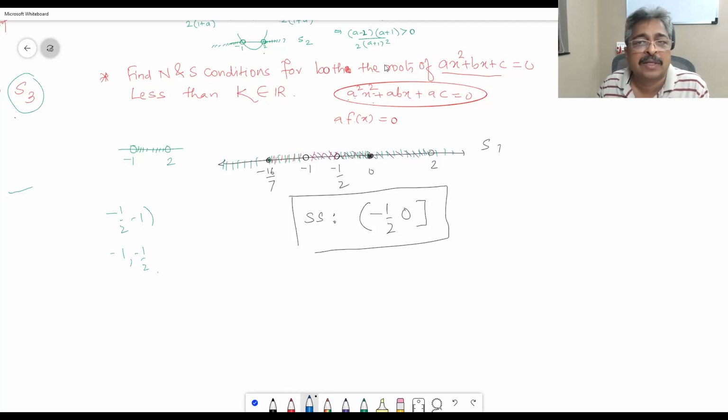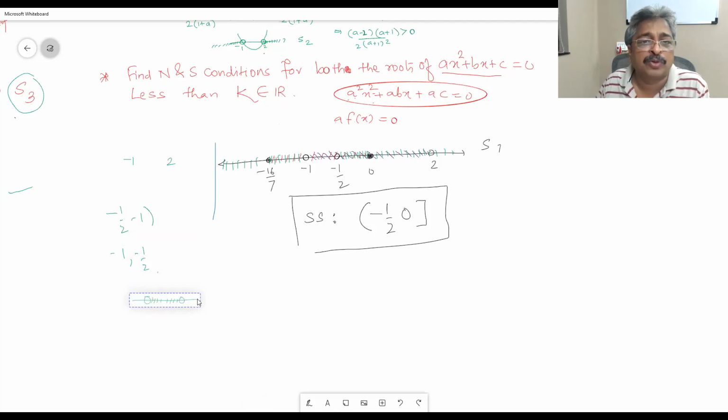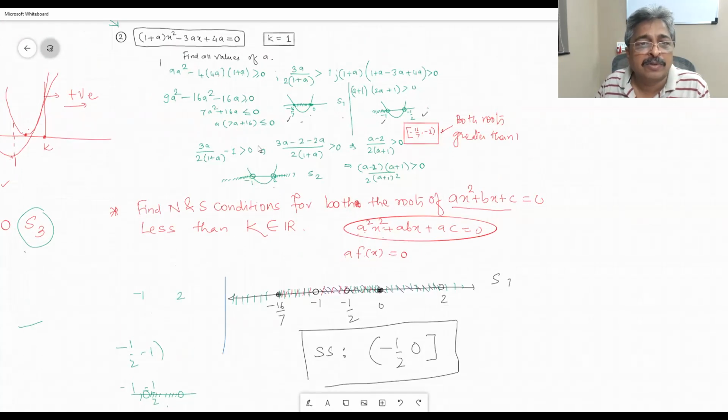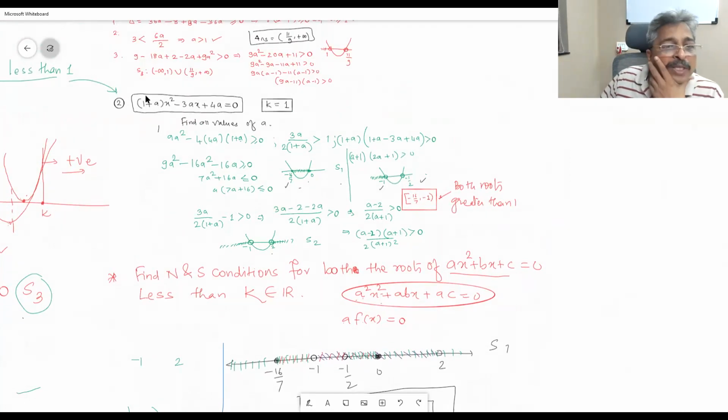What is our problem? If we put a equal to 0, then it will be x square is equal to 0, x is equal to 0. Both the roots are less than 1. Correct? So 0 has to be there.